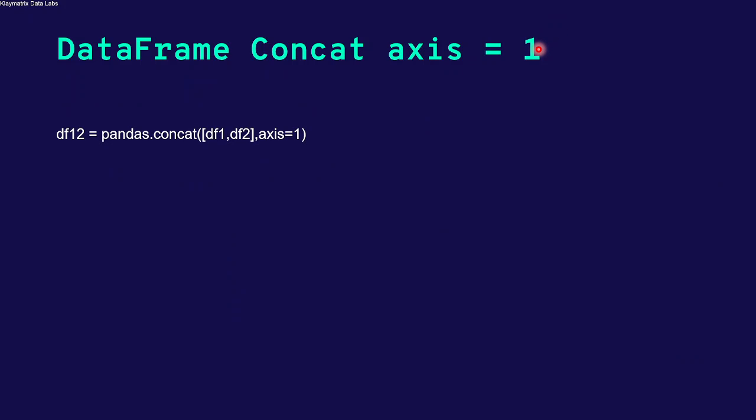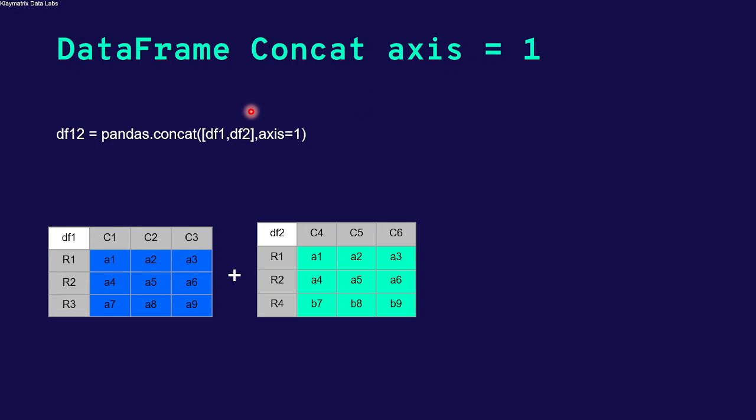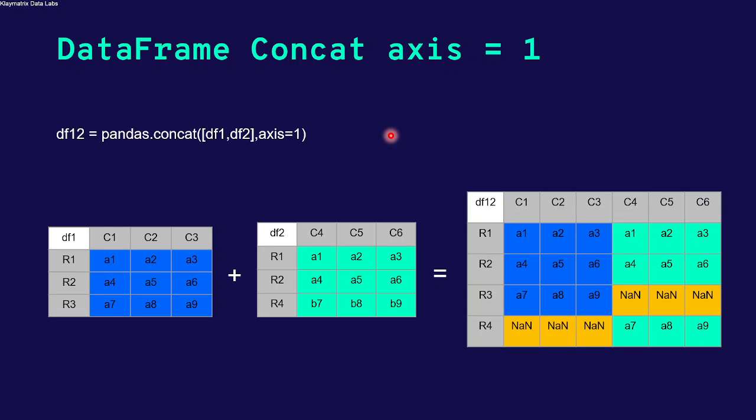Likewise, let's talk about concat when we say axis is 1. Same thing, df12 equals pandas concat, passing df1 and df2 as a list. This time we pass axis equal to 1. Now if you note data frame 1 and data frame 2, when you merge them together, C1, C2, C3 are available here, then C4, C5, C6, and rows R1, R2, R3 and R4.